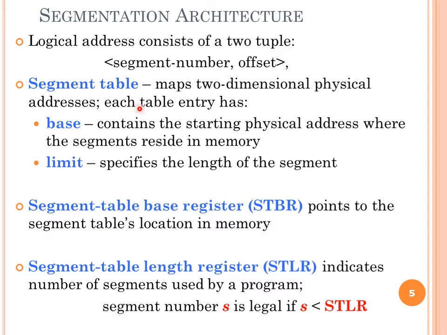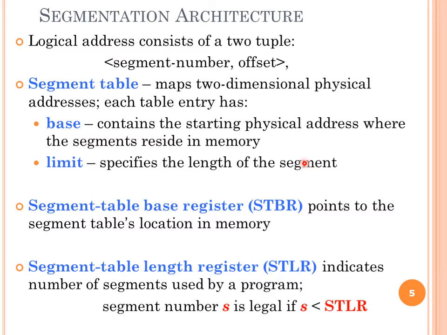Each entry in the segment table consists of a base and a limit. Base represents the starting physical address where the segment resides in the memory. Limit specifies the offset, that is the length of the segment, where that segment ends. So this represents the starting address, and this represents the ending address.